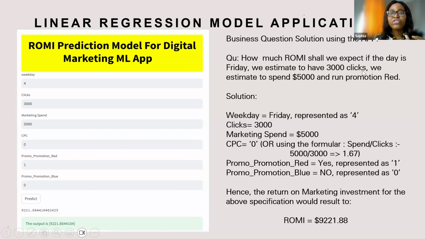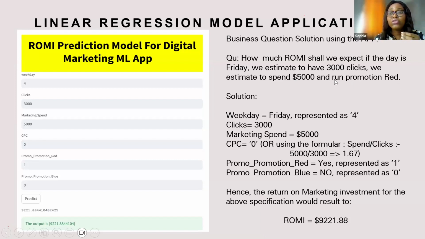That's if you run this advert on a Friday, and there are maybe 3,000 people who clicked on this advert, and then we estimated to spend just $5,000, or pounds, depending on the company, and run promotion red.